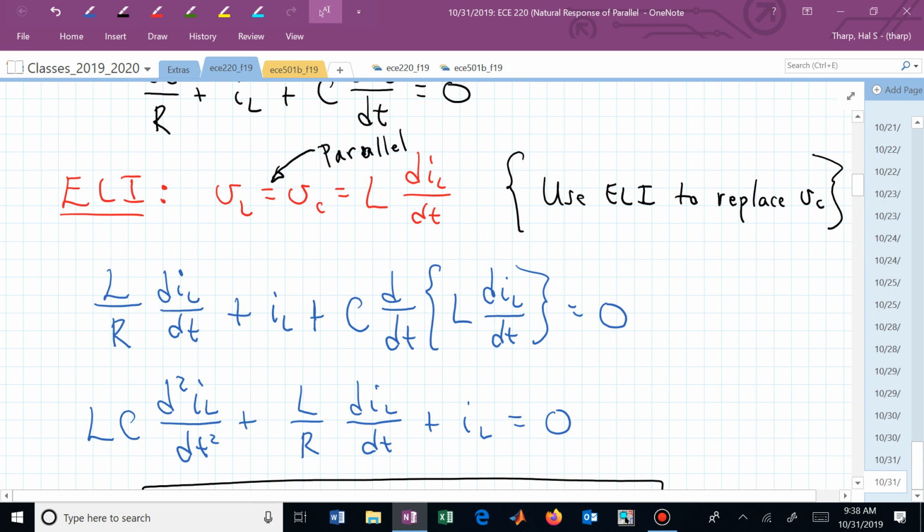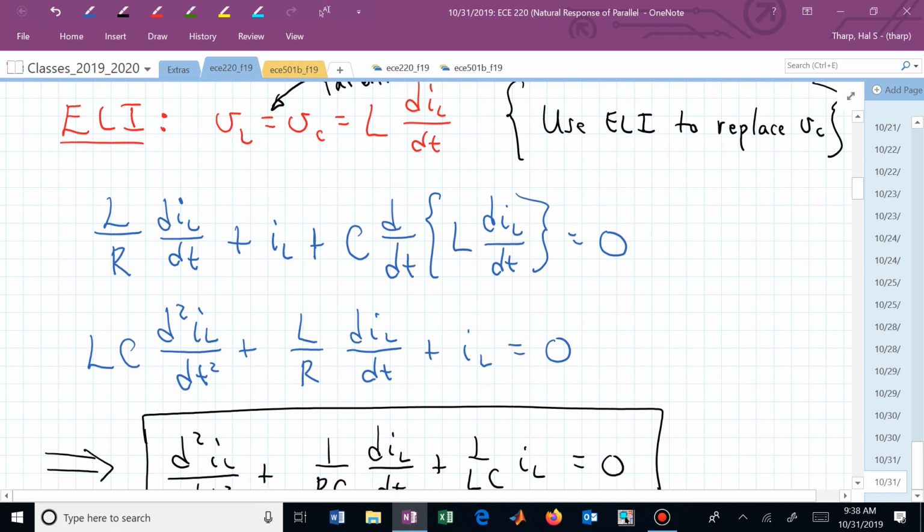We have the second derivative of the inductor current with respect to time, weighted by LC, plus L over R times the first derivative, plus I sub L. And again, that's just all coming from our KCL equation in the parallel RLC circuit.